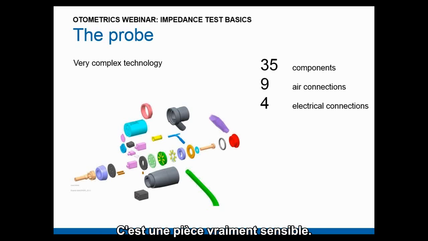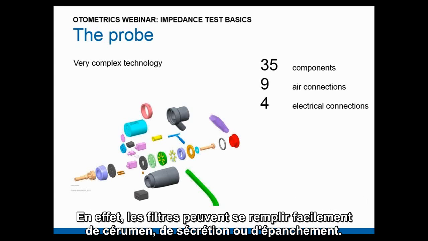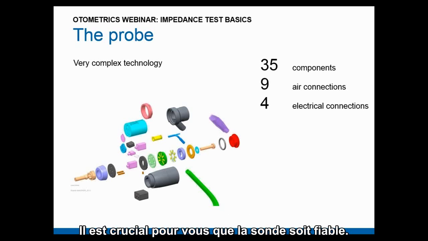That's a very sensitive part. And as you can see, a large part of the components is there because of the filter. Because I told you before, this part in contact with the ear canal, you will face issues from the earwax or humidity or the temperature from the body, and the filters can easily get full of earwax, for example, or liquid from otitis or ear effusion, and it's very important for you to make sure that the probe is reliable.